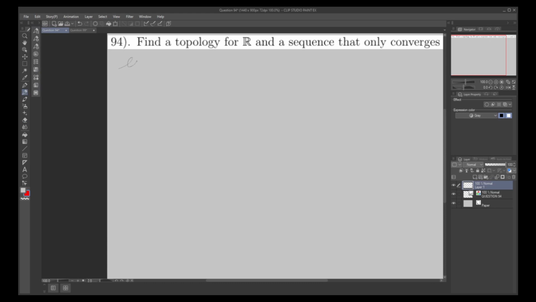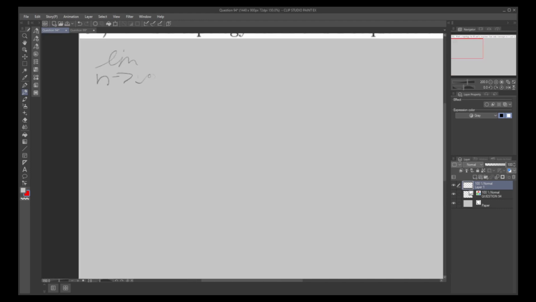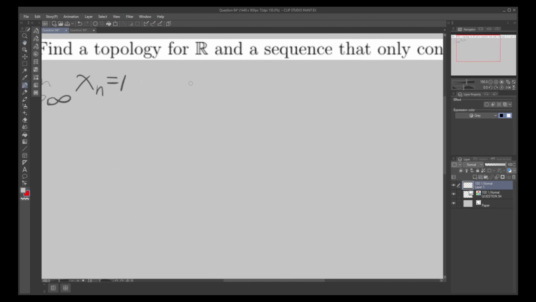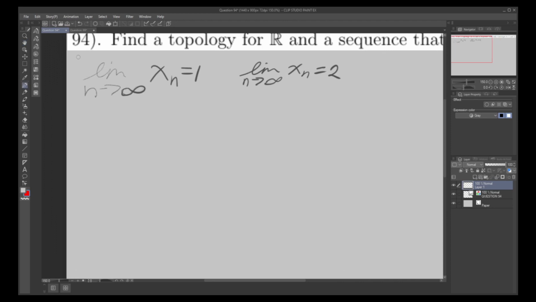So the two things we have is the limit as n goes to infinity for every open set that contains 1, x of n would be equal to 1. And for every open set that contains 2, the limit as n goes to infinity, x of n would be equal to 2. These are the two main ideas we have so far.